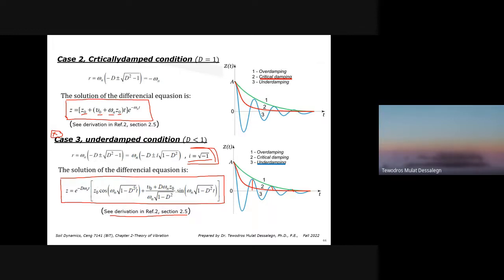And if you're interested in the derivation of these equations, they get into complexity for the class, but I put the links here. See derivation in reference to section 2.5. You can look at how they arrived at these equations. It's already derived. In our case, as engineers, we usually use them and put them into practice. So we're not much interested in how it is obtained or deriving it again.